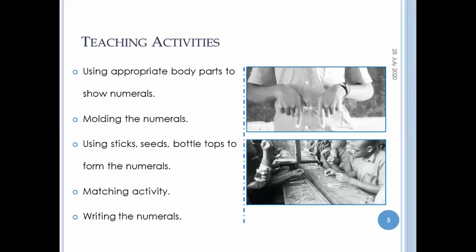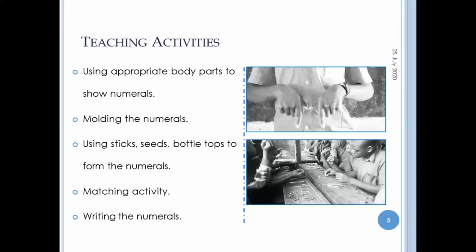For example, primary 4 allows for only up to 20, the Roman numeral XX, whereas primary 6 allows for up to the Roman numeral symbol M for 1,000. So you see, there is a difference as the learner progresses from class to class.